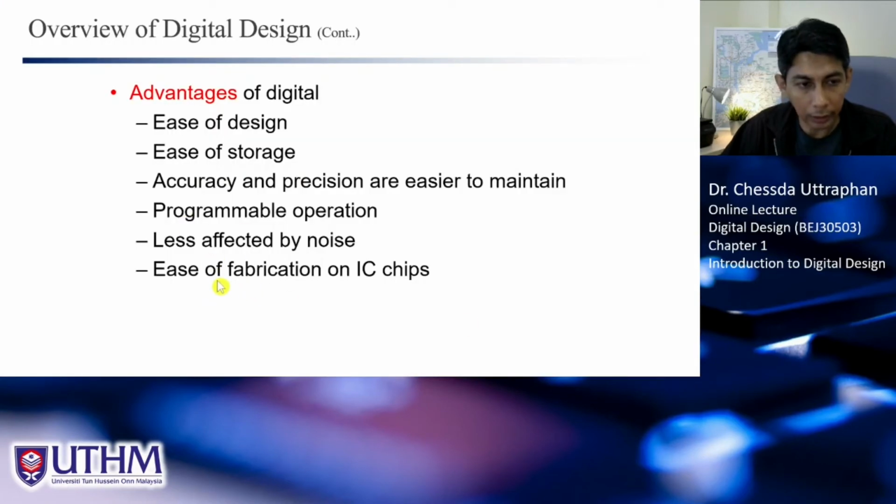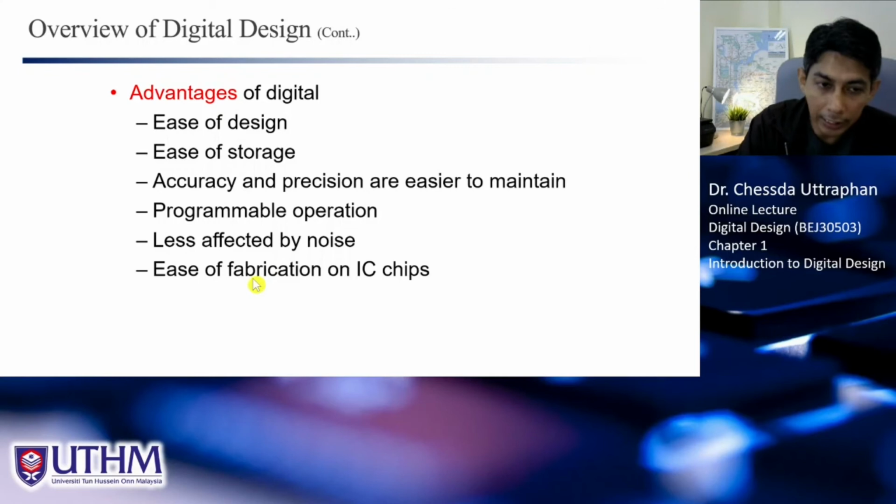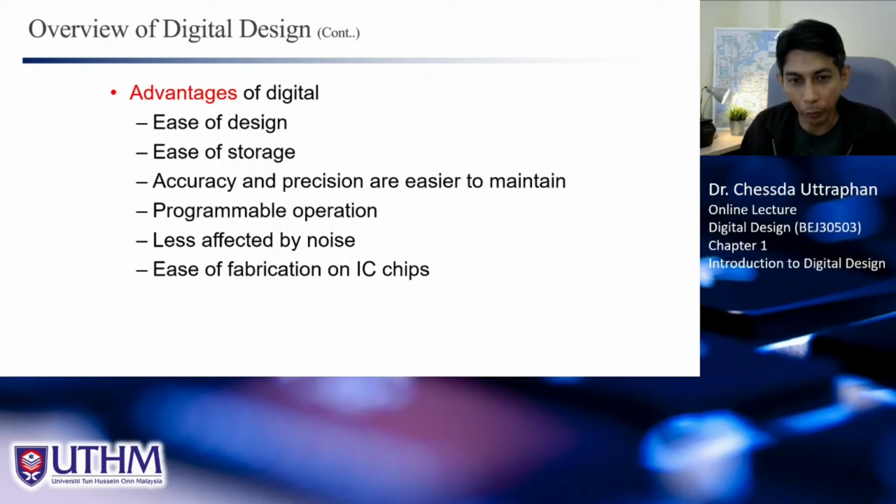Ease of fabrication on IC chips. Again, a digital system is easy to fabricate; making the IC for a digital circuit is easier as compared to making the IC for an analog circuit. Why? Because a digital system is meant to process digital signals, and we know digital signals are 0 and 1.